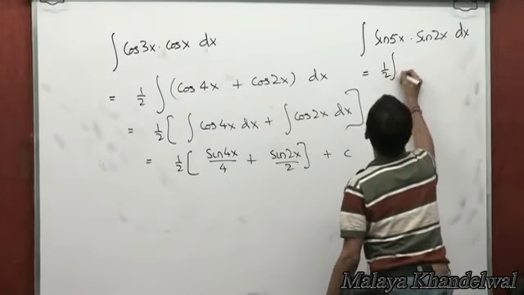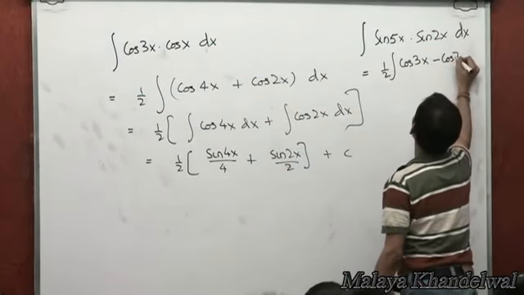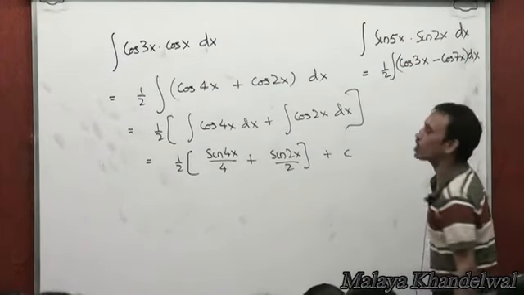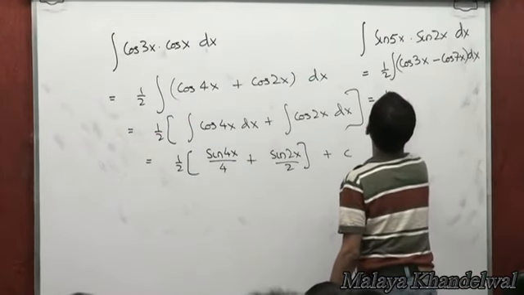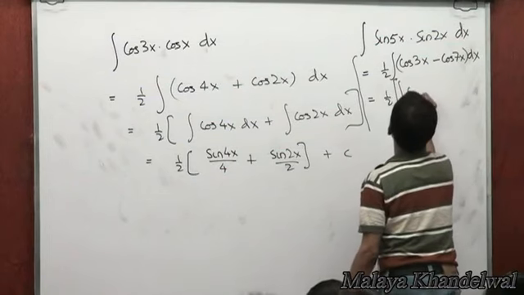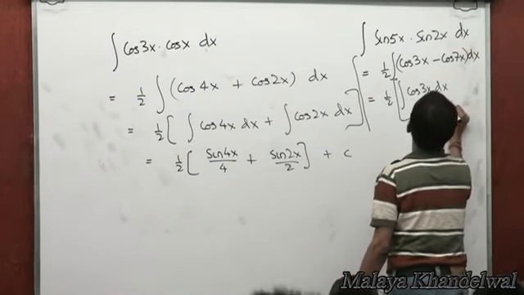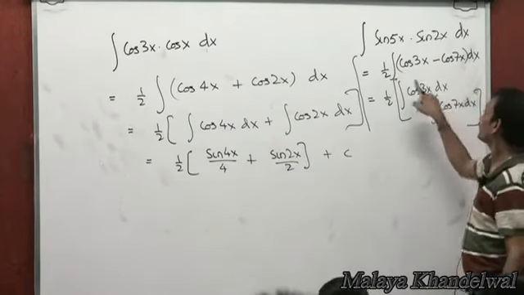So this is like half of cos A minus B minus cos A plus B, right? Which is half integral cos 3x dx minus integral cos 7x dx, right?